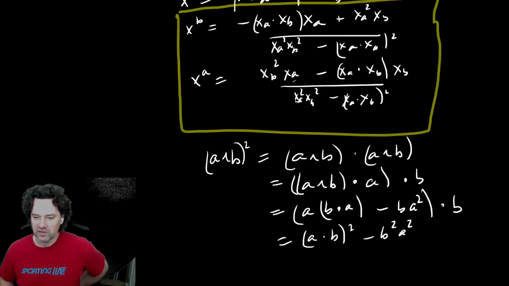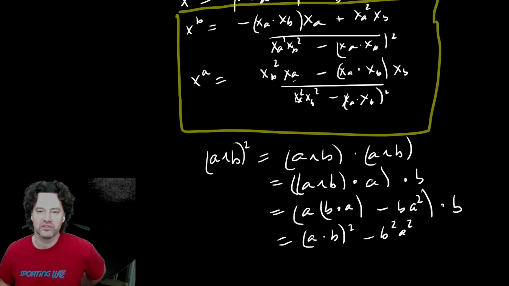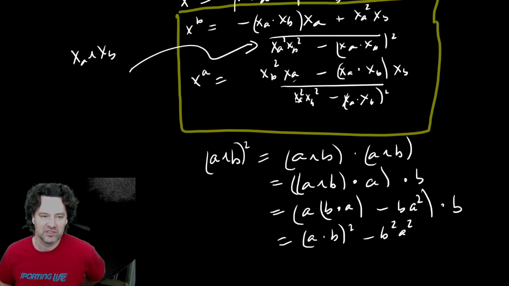So that's the square of a bivector, which has this specific form. So we see that the denominator is the square of the xa wedge xb bivector. So that beastie is just xa wedged with xb squared, but with a minus sign.